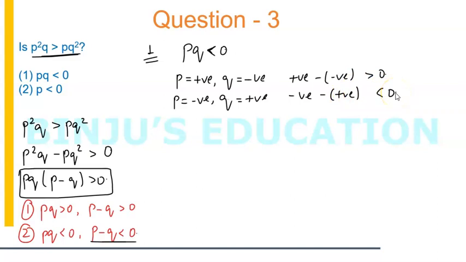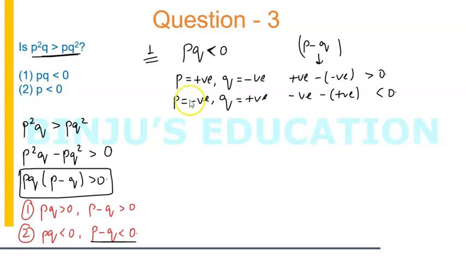I don't even have the signs of p and q, so I can't comment anything regarding p minus q. It can be positive, it can be negative. So do we have a definite conclusion regarding the sign of p minus q? No. So can we conclude anything regarding the multiplication of pq into p minus q? No, we can't.